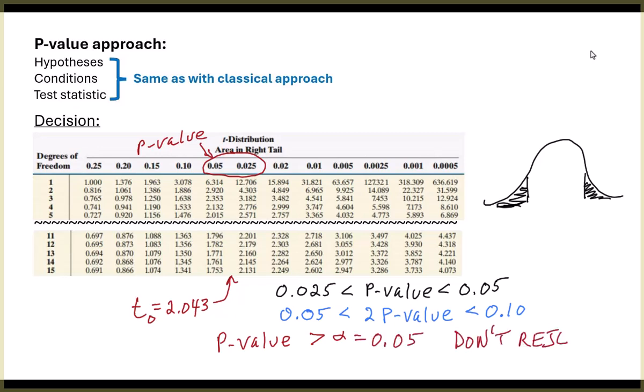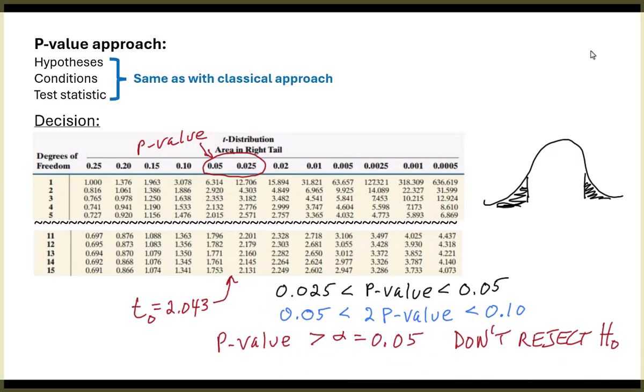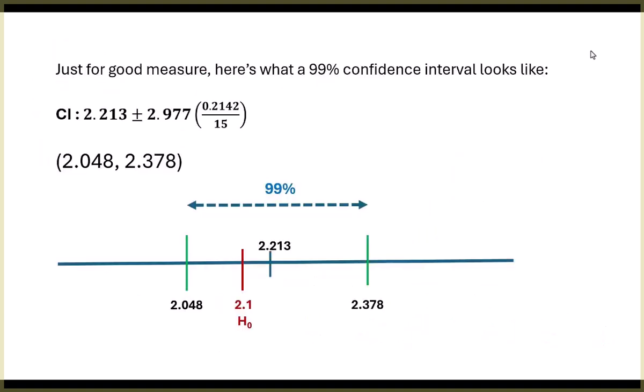Same conclusion we got before, as it should be. The p-value represented by the blue stuff is bigger than 0.05. And I put 0.05, that should be 0.01, shouldn't it? Still bigger. Don't reject.